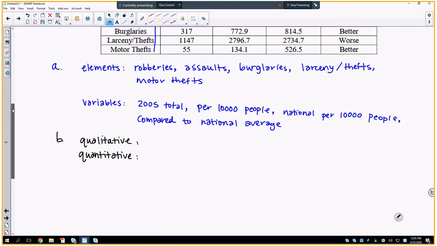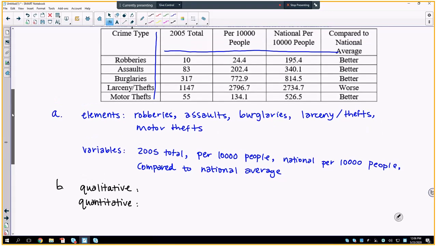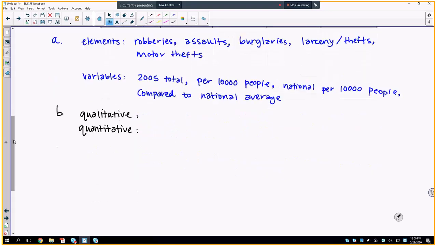For qualitative, remember we're looking for a category that doesn't necessarily correspond to a number. So that looks like compared to national average. The last column should be our qualitative variable.